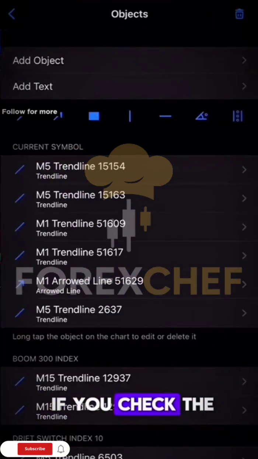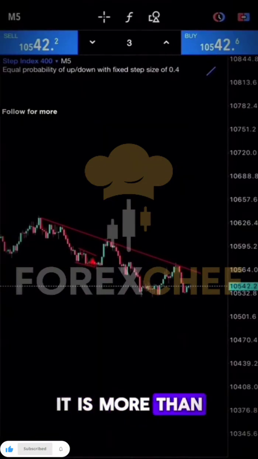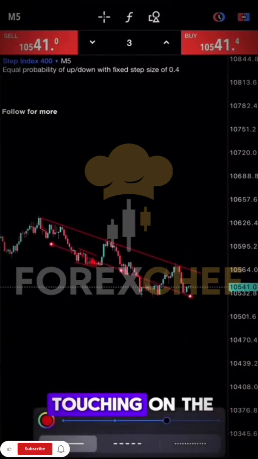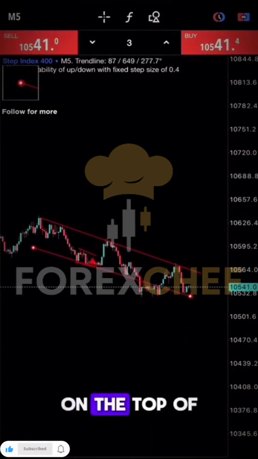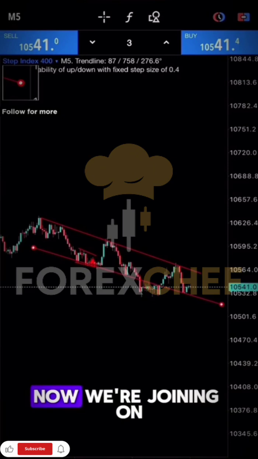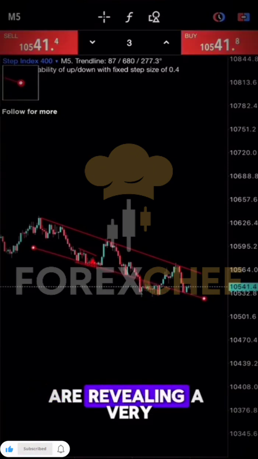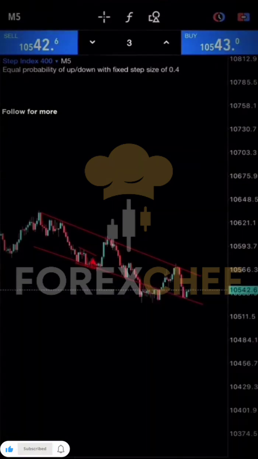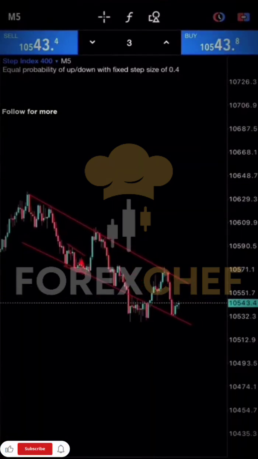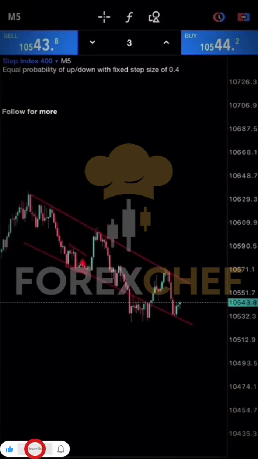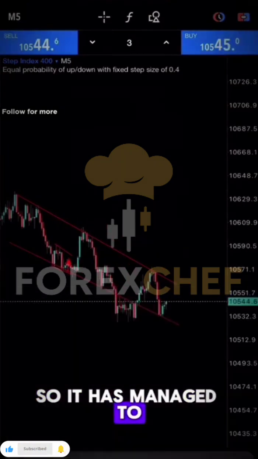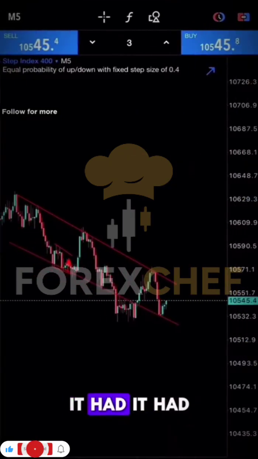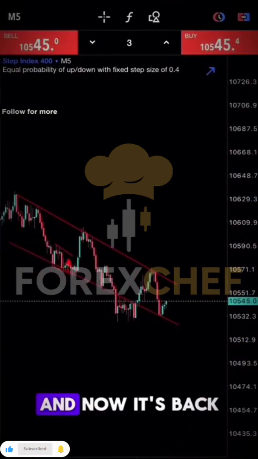If you check the top trend, it is more than 4 points touching on the top of the candles. Now we are joining on the bottom, revealing a very nice trend pattern. So it has managed to break the trend, and now it's back within the trend.